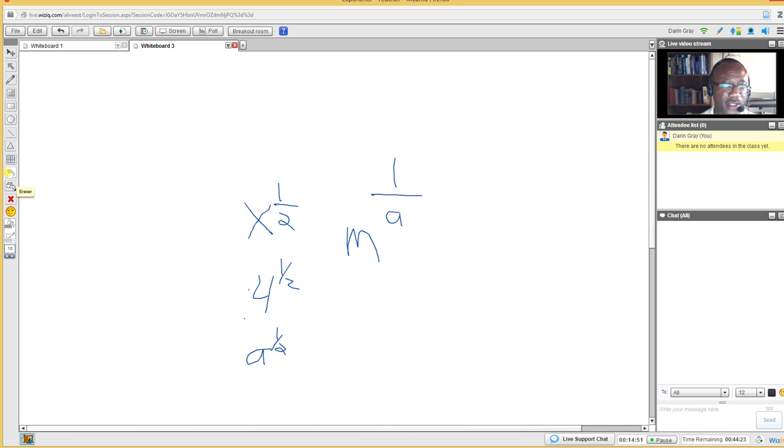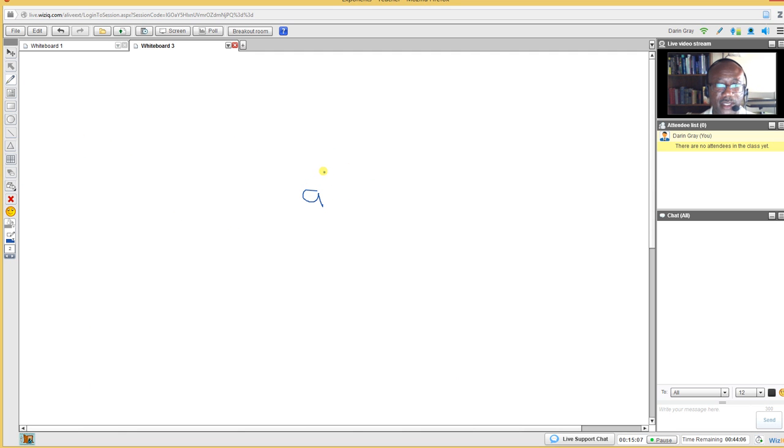So let me clear this off so we can start to look at them. And for some reason, some of these lines don't erase, but that's okay. So let's look at a raised to the 1 over m. This is just something you're going to have to remember.